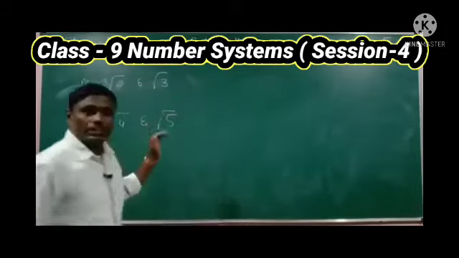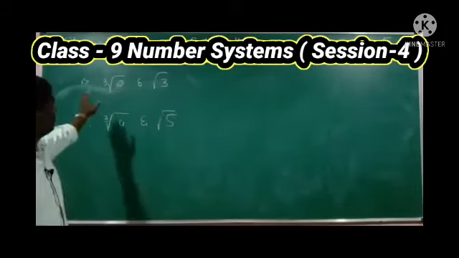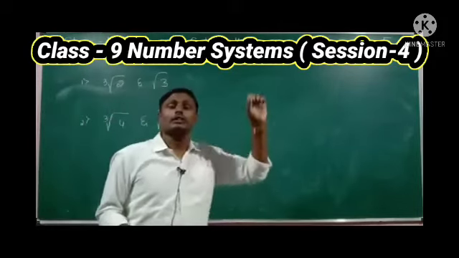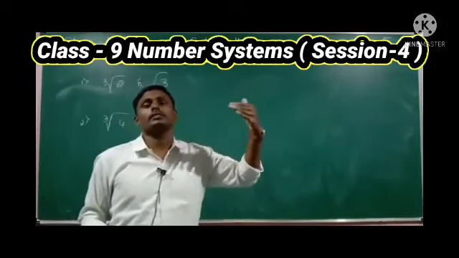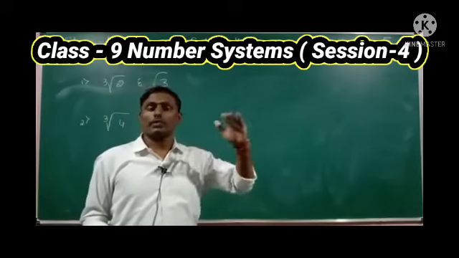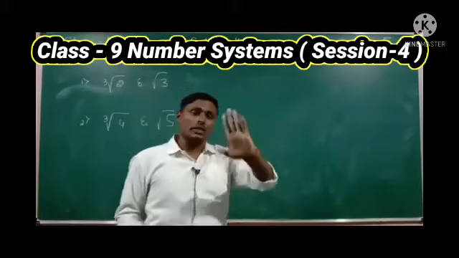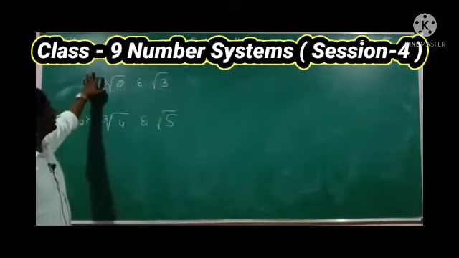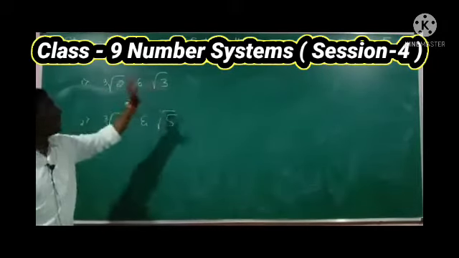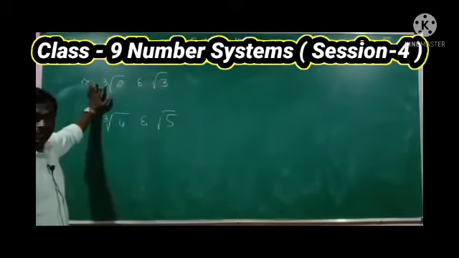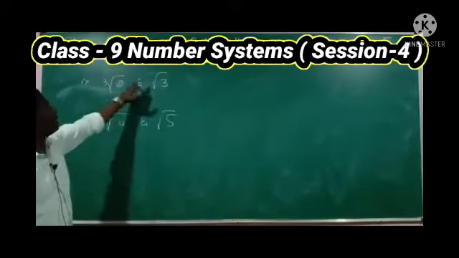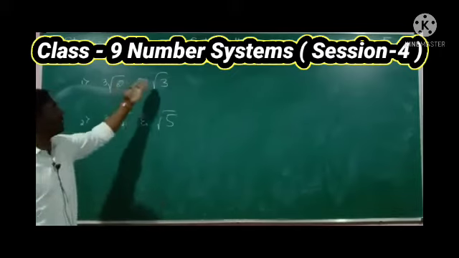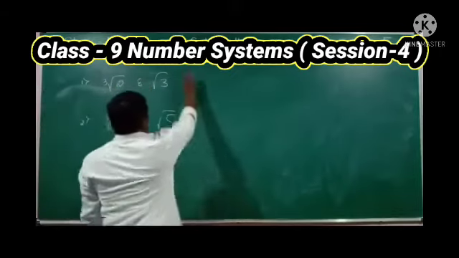In the last two questions, we compared two irrational numbers with the same indices or powers. But here the power of the first irrational number is entirely different from the second one. The power of the first is 3 and the power of the second is 2. This is a cube root and this is a square root.